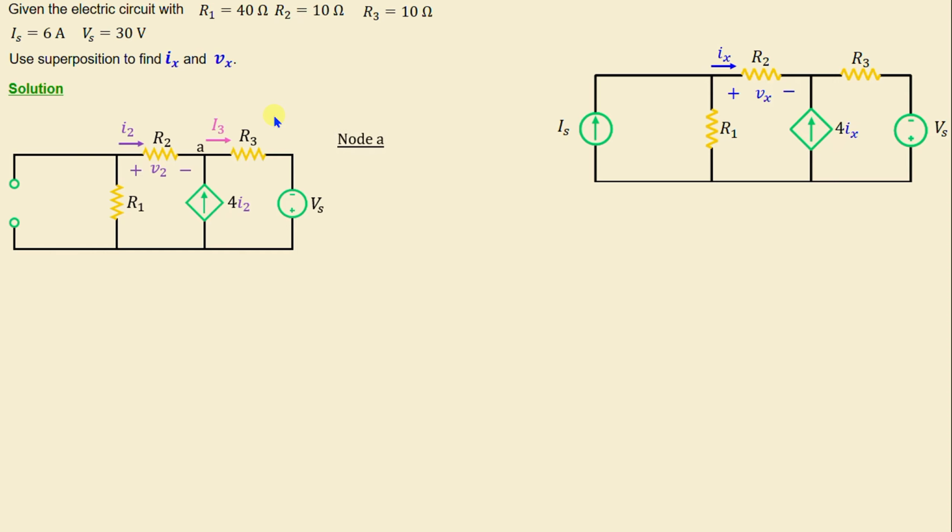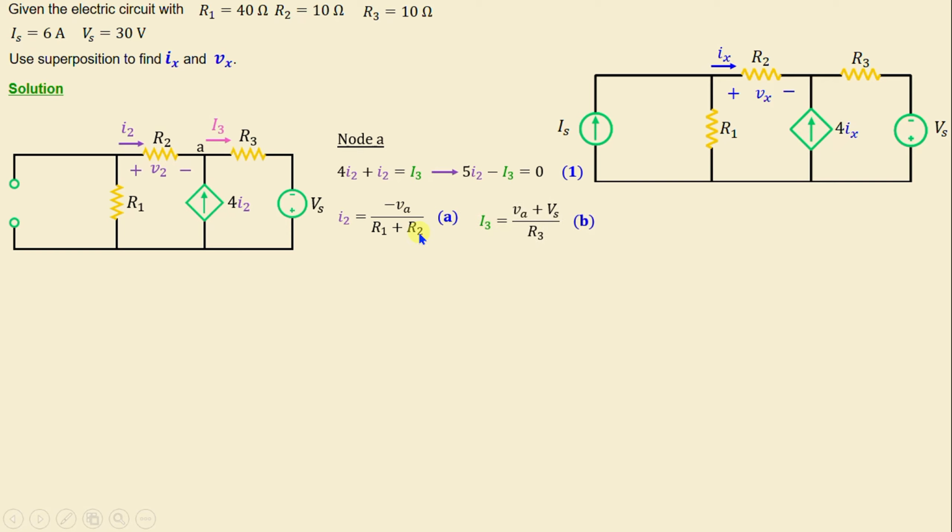By applying Kirchhoff's current law at node A, we can write 4I2 plus I2 is equal to I3. That means 5I2 minus I3 is equal to 0. And according to Ohm's law, I2 is equal to negative VA over R1 plus R2. VA is the voltage at node A.